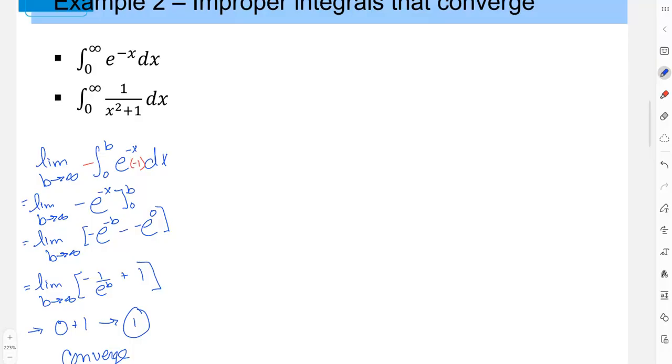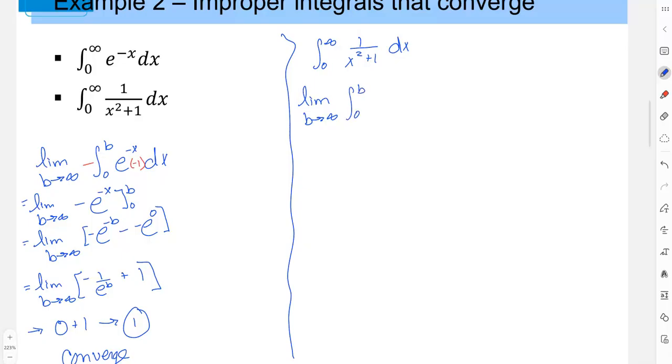If we look at that second one, I'm going to rewrite it. The integral from 0 to infinity of 1 over x squared plus 1 dx. And this is where you may want to pause the video, try it, and then come back and check your answer. So we're going to take the limit as b goes to infinity.